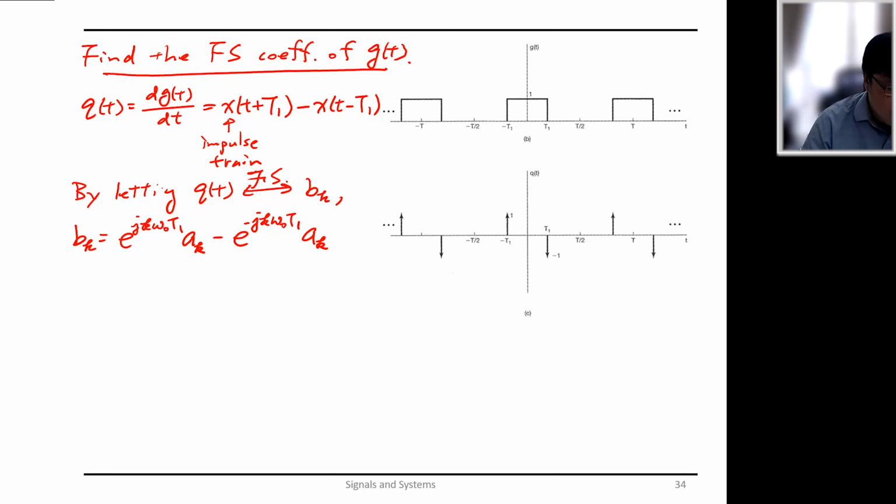And then if I substitute this ak inside, I will get 1 over T times 2j sine k omega naught t1. Okay, so if you recall, ak is 1 over T, and the subtraction of these two complex exponentials gives you 2j sine k omega naught t1.